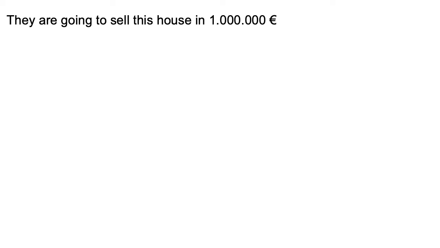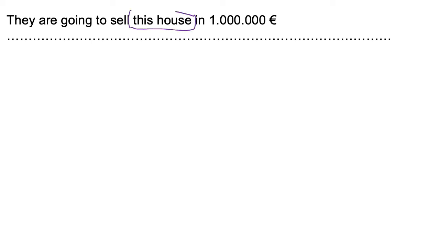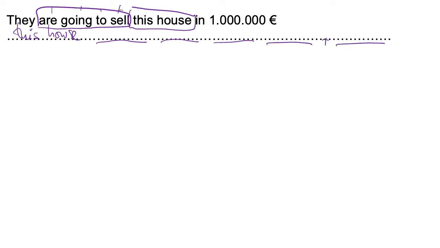Let's continue with this one. They're going to sell this house in 1 million euro. So, what are they going to sell? This house. So, this house are going to sell. This is the verb. So we've got 1, 2, 3, and 4 plus 5. Okay, so the verb is sell, vender.